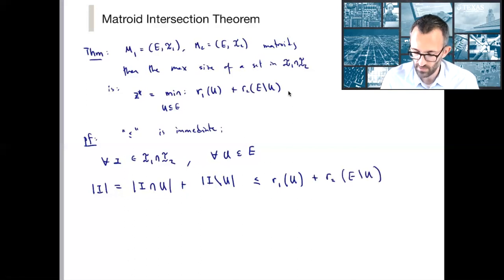So what we showed is that Z star is less than or equal to the right-hand side for every particular U, and therefore it's less than or equal to the minimization over all U. So what's interesting is for us to now show the reverse inequality.